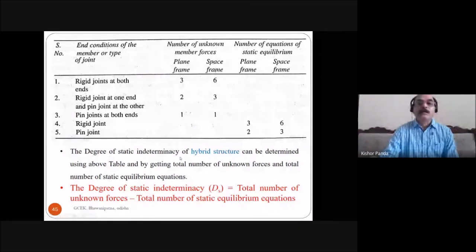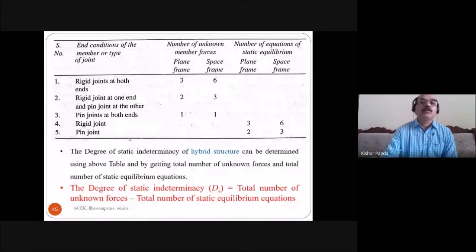The degree of static indeterminacy of a hybrid structure can be determined using the above table and by getting the total number of unknown forces and total number of static equilibrium equations. Because you know the second method depends on the total number of unknown forces and total number of static equilibrium equations. That difference will give the degree of static indeterminacy.